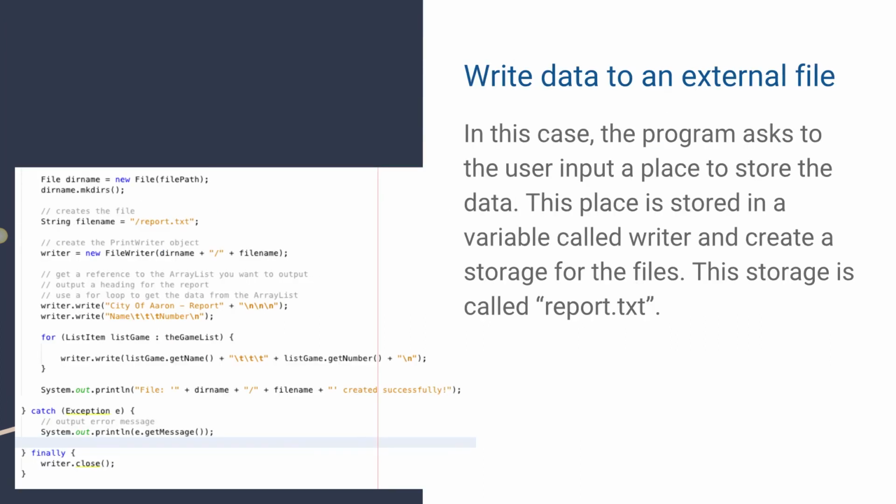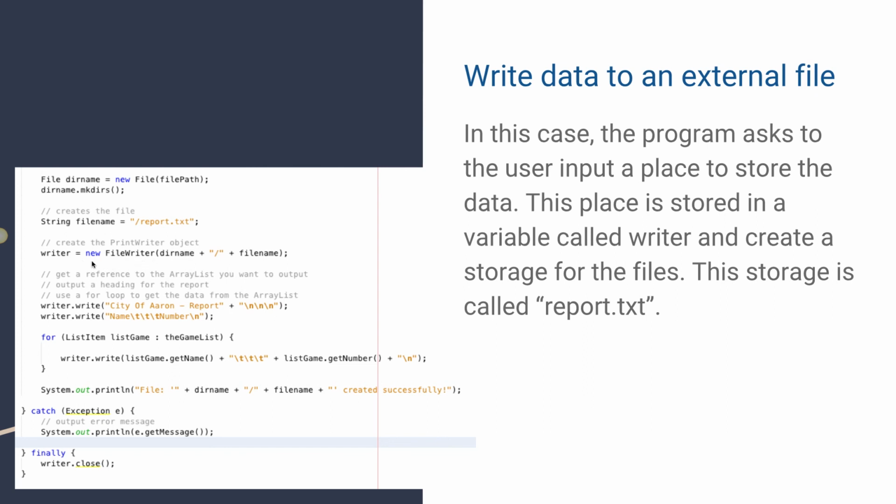And to write data to an external file, in this case the program asks the user to input a place to store it. It can be any file or any document on his computer or any place like that. So when the user inputs the name of the place, it will refer here.